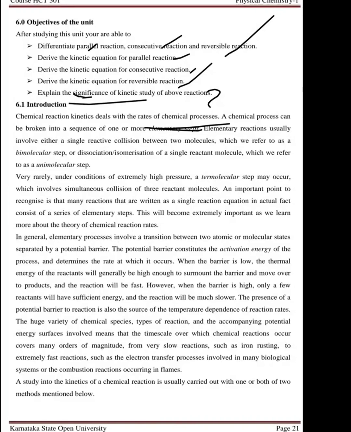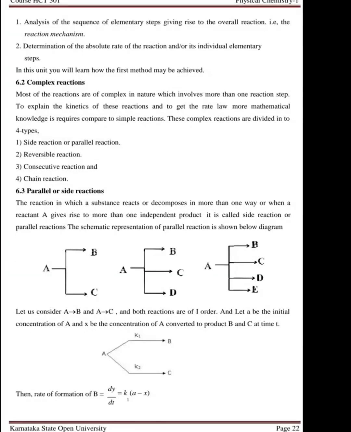Here it is studied by analysis of the sequence of elementary steps giving rise to the overall reaction. This is the reaction mechanism, and the next one is the determination of the absolute rate of reaction or of the individual elementary steps. You are going to determine the rate of reaction here also.